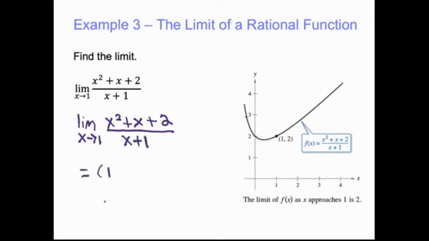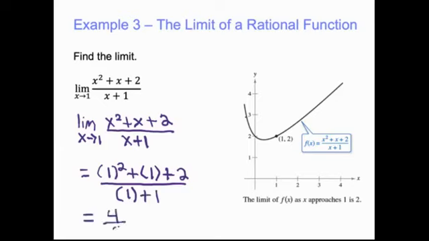So we have 1 squared plus 1 plus 2 over 1 plus 1, which equals 4 over 2, which equals 2. So the limit as x approaches 1 of x squared plus x plus 2 over x plus 1 is equal to 2.